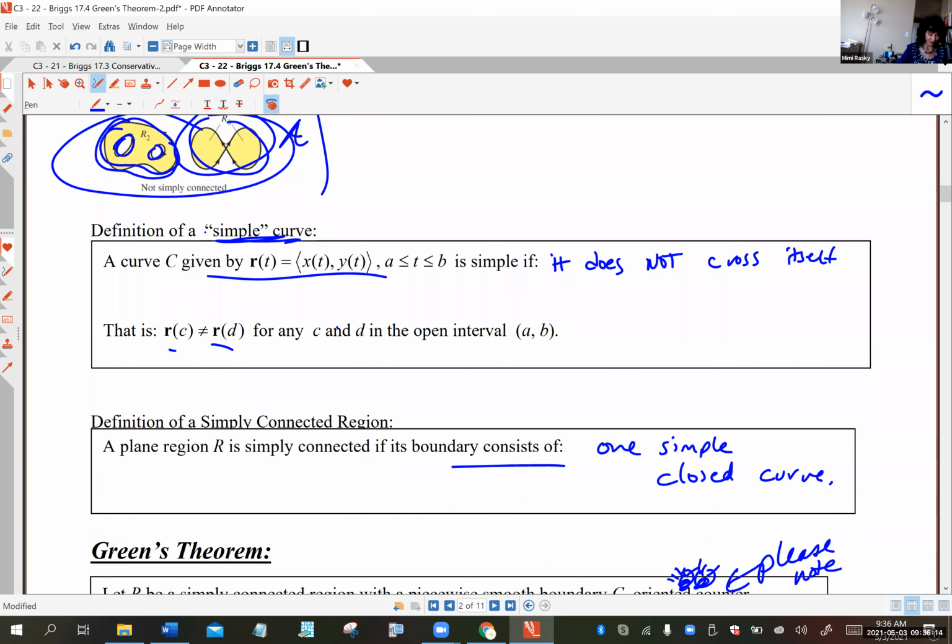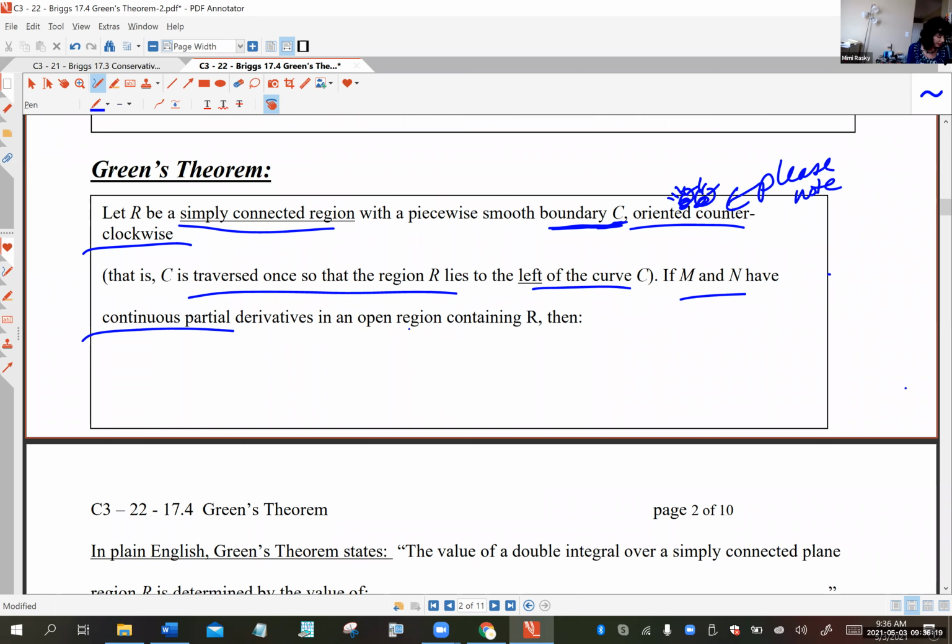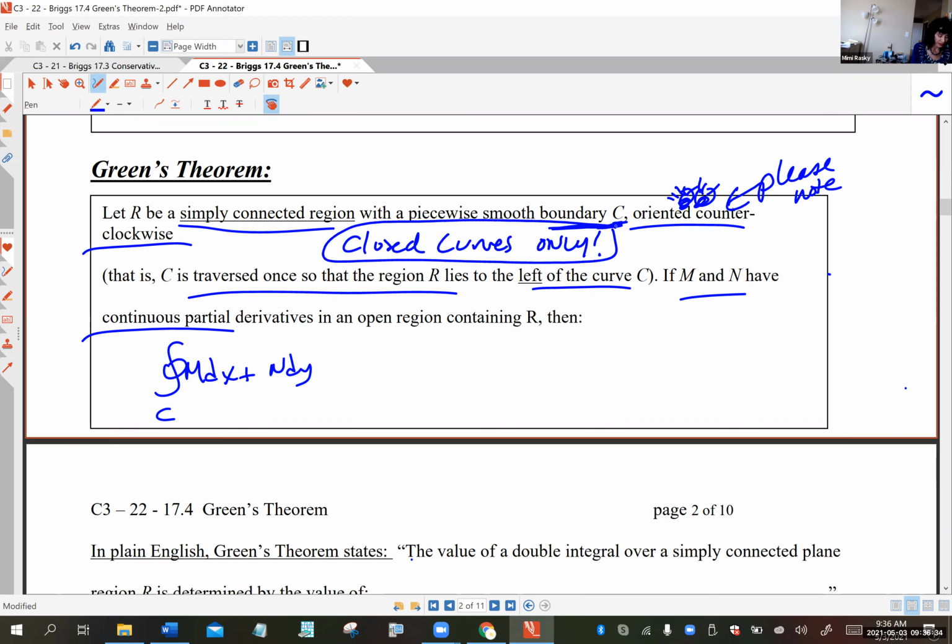So if you've got that happening and M and N are continuous partials, then if you're doing one of these line integrals, and it could be differential form, by the way, it does have to be a closed curve. Closed curves only for Green's. Put that down because I don't want you using Green's on curves that aren't closed.